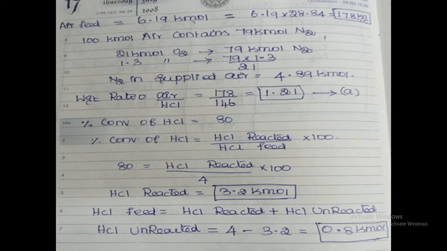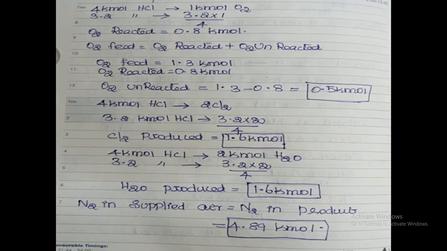So HCl unreacted is equal to HCl feed minus HCl reacted. Feed is 4, reacted is 3.2, subtracting these two values we get 0.8 kilomole. So the first component, HCl unreacted, is 0.8 kilomole, present in the product side. Are you clear or not? Okay, this is the first composition.